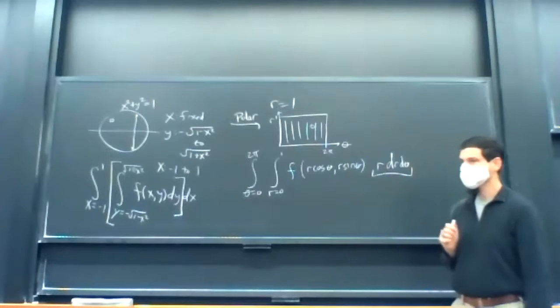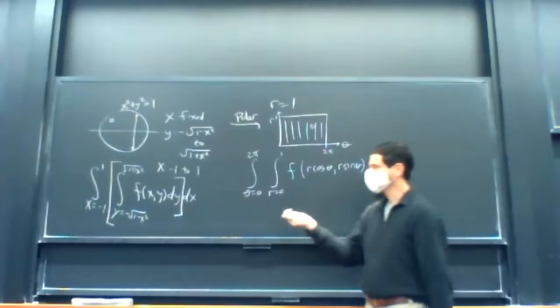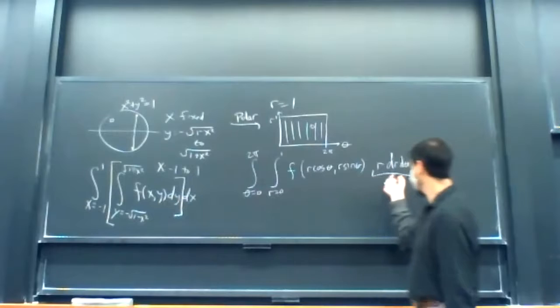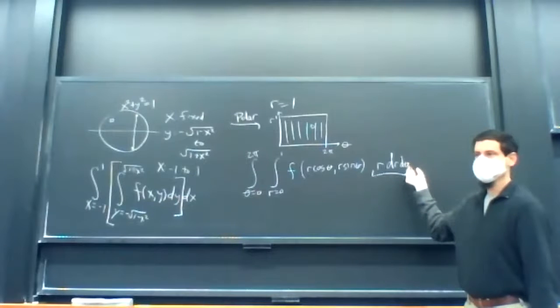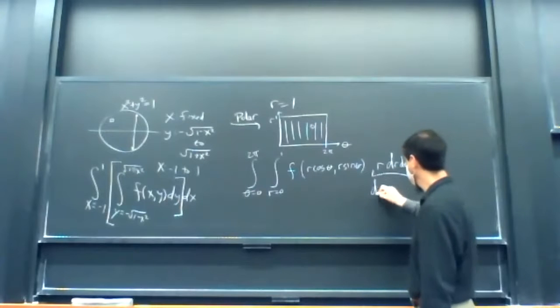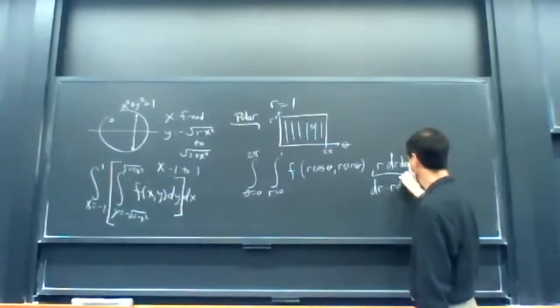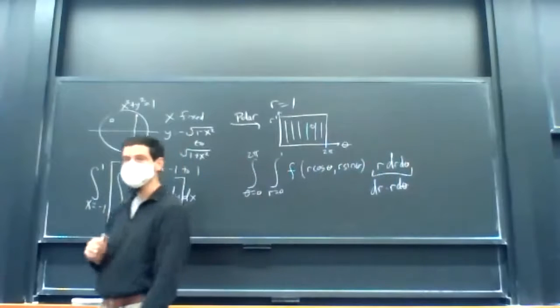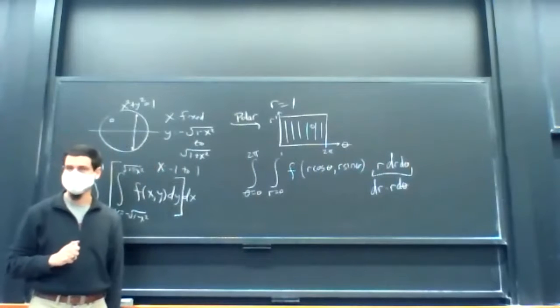And so another way to look at it is, if I assign units, x and y are in meters, this is in meters squared, this is an area. Angles are unitless. So dr d theta is just going to be in units of meters. I could really view this as dr times r d theta, because r d theta is going to be a length. We'll talk more about this when we get to the change of variables.